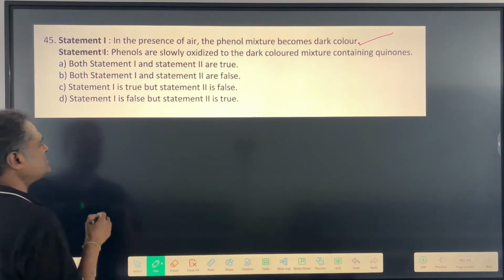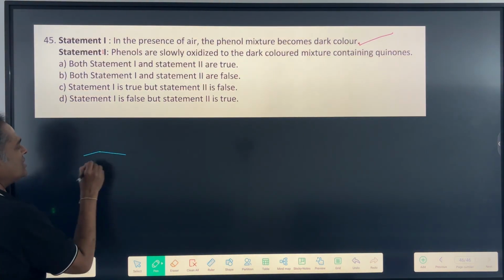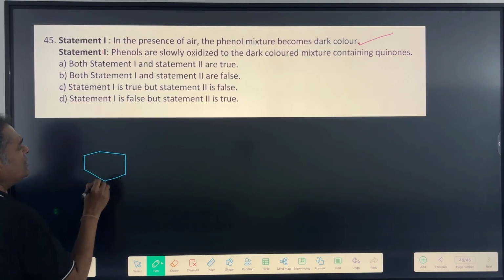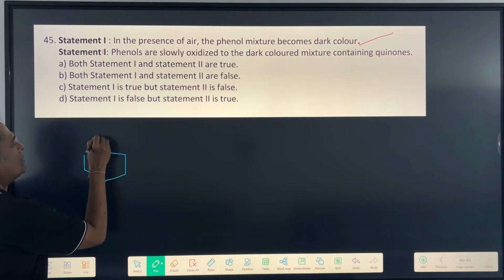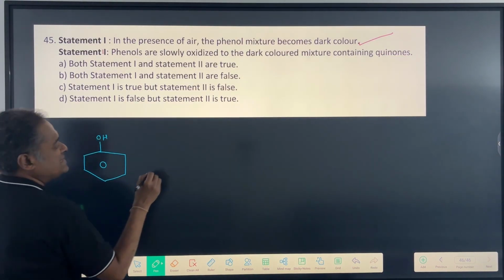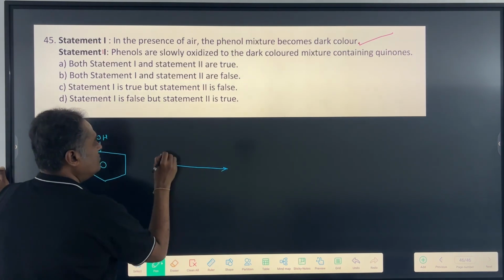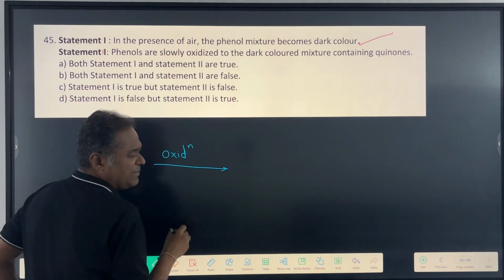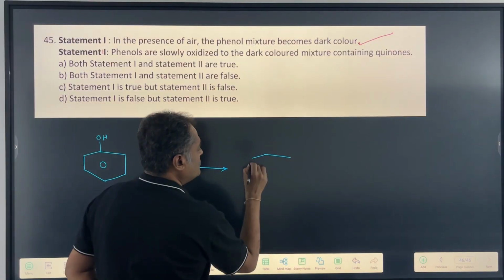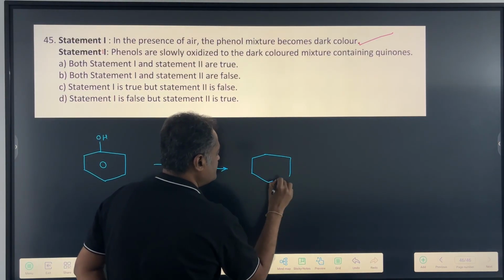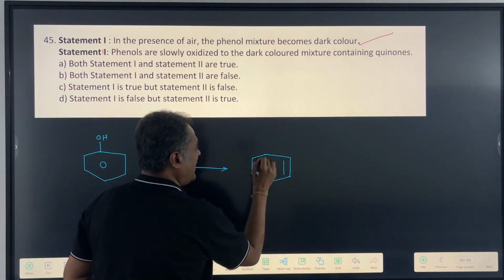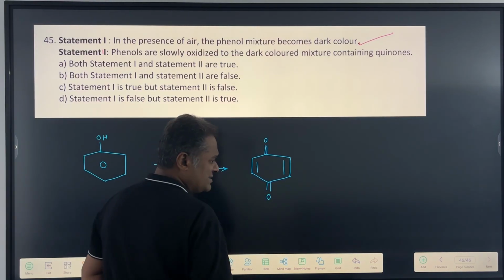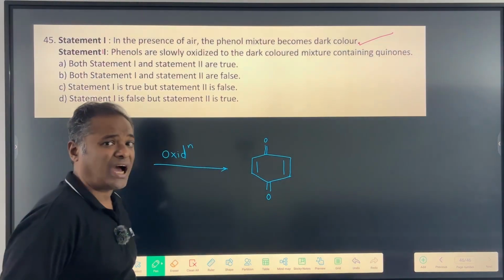So you understand one reaction, which is when a phenol is kept in open air, it will get oxidized. Oxidation will take place, and after oxidation it will give para-benzoquinone, and these benzoquinones have a dark color.